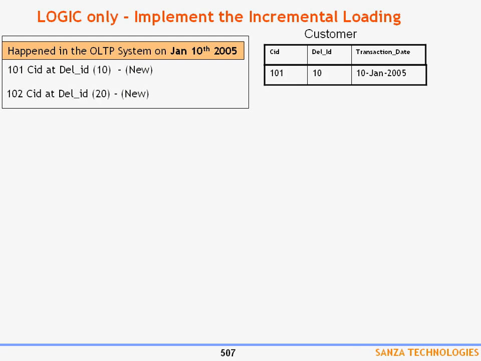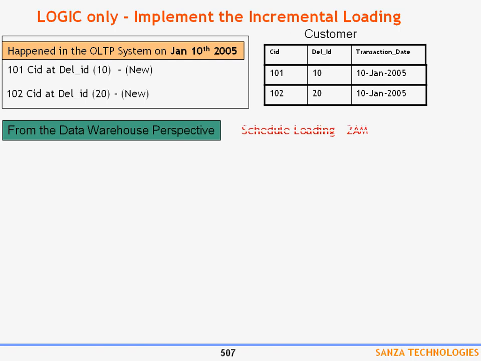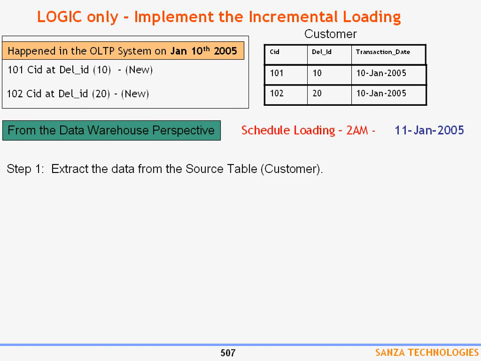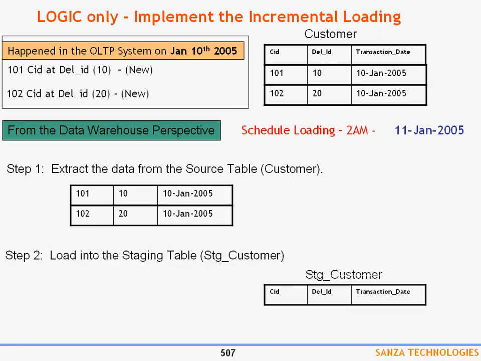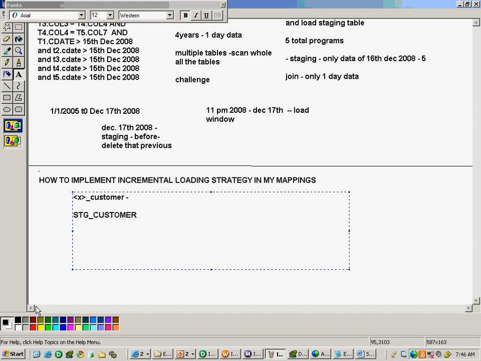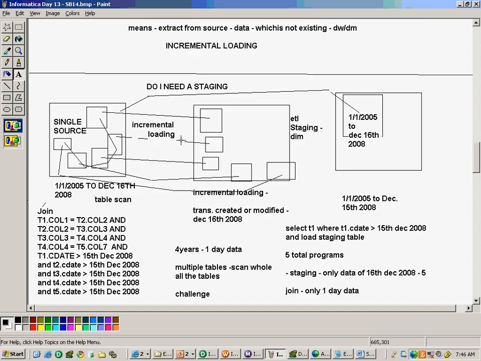Now you extract it for your load window concept. You extracted this data from the source and you have loaded the data into your staging table. I'm talking about these concepts, please. You extract the 16th January data and load it into staging.